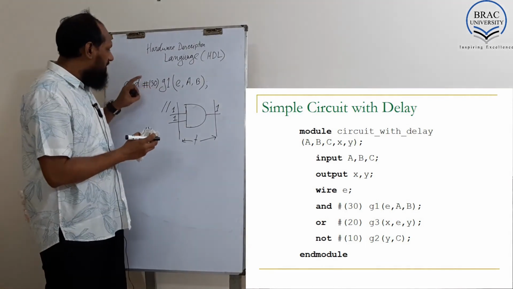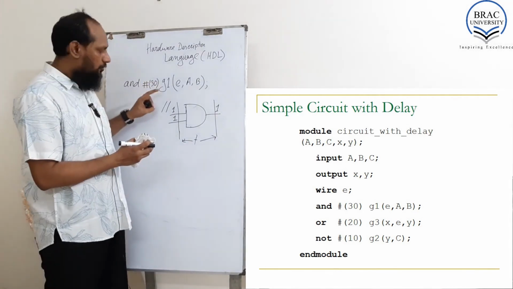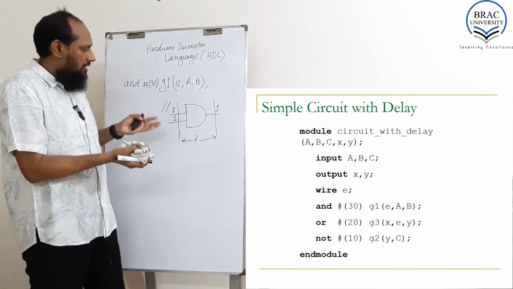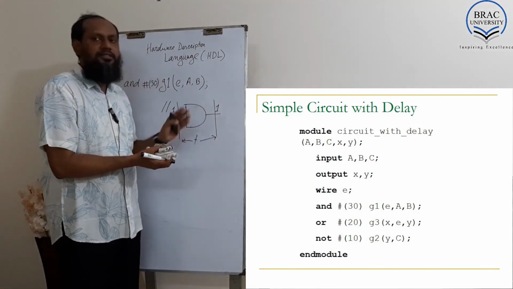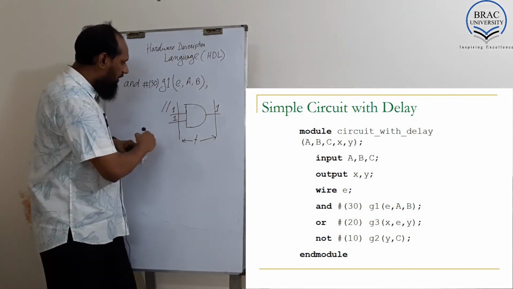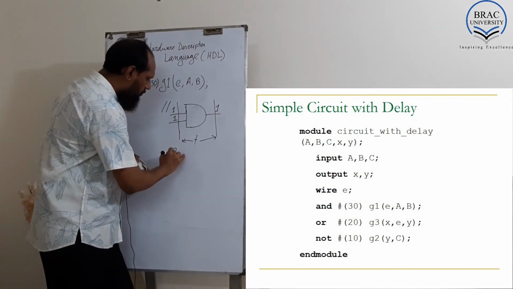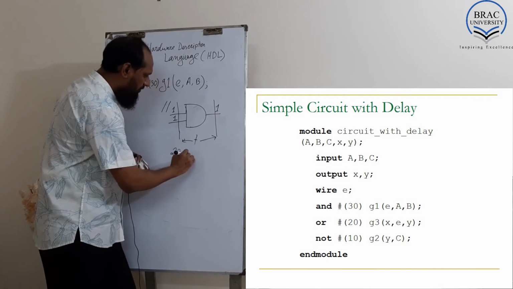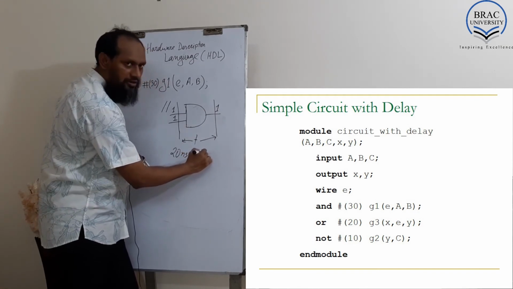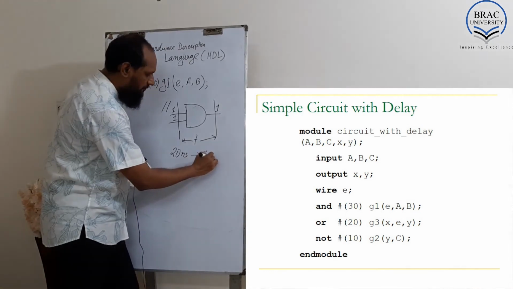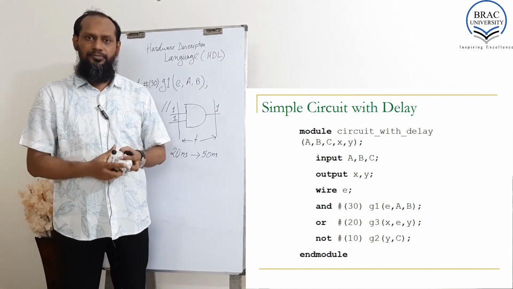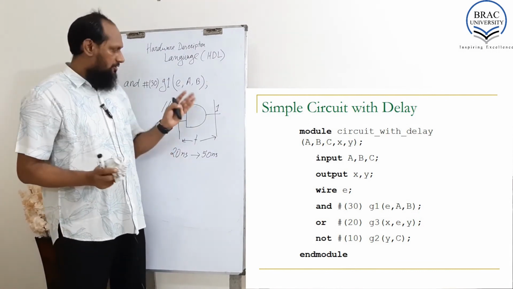So it requires 30 nanoseconds to trigger, or we can say to get the output of this gate. That means if we give 1 at 20 nanoseconds, we will get this output at 50 nanoseconds. You understand? That is called propagation delay.